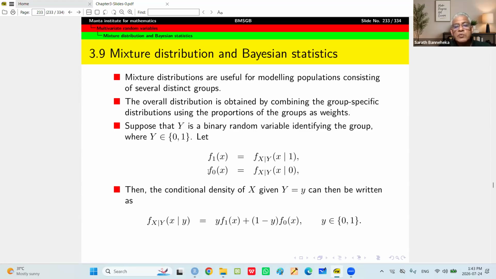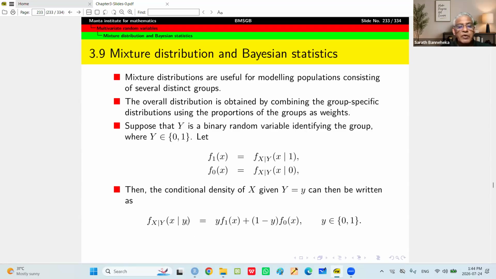The conditional distribution of x given y equal to y can be written in that case, right? If you have these two individual conditional distributions, then the conditional distribution of x for a given y, where y can be 1 or 0, can be written in this particular form by combining these two, right?